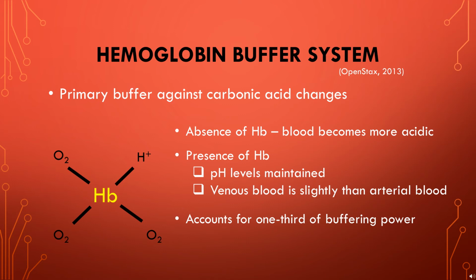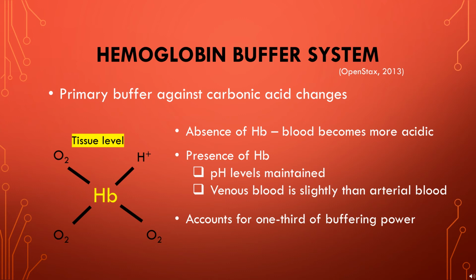At the tissue level, most of the hydrogen ions generated from carbon dioxide become bound to a reduced form of hemoglobin, which makes it impossible for the hydrogen ion to further contribute to the acidity of body fluids. In the absence of hemoglobin, the blood would become more acidic once it picks up carbon dioxide at the tissues.